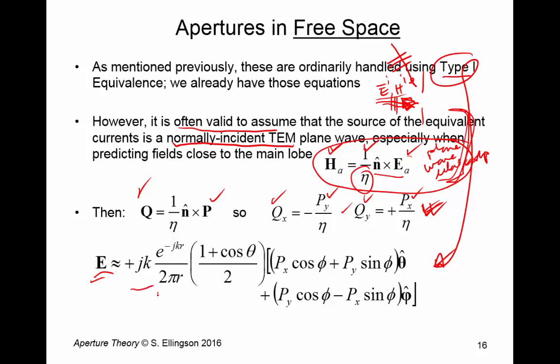So I end up with plus jk, here's my spherical wave, times 2, so that 4 here becomes a 2. I get this thing, (1 plus cosine theta) over 2. By the way, in some future lecture, we'll probably give that a name. The name we'll give it is the obliquity factor. So just so you know that's coming. And then I have a theta hat component and a phi hat component, and they're described completely in terms of the spatial Fourier transforms of the magnetic current intensity distribution in the aperture.